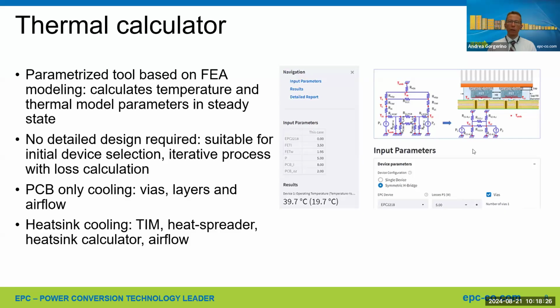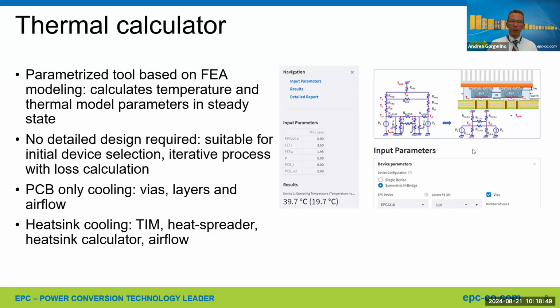This is useful because at this stage, it's usually an iterative process where you go through the previous electrical tools, get some loss numbers, plug them in here, see if they work, go back and fine-tune your device selection. So it's important that this is done quickly, and you don't have to redesign everything every single time. The tool supports pretty much any thermal concept you can think of.